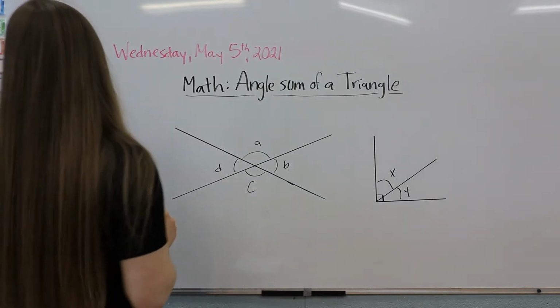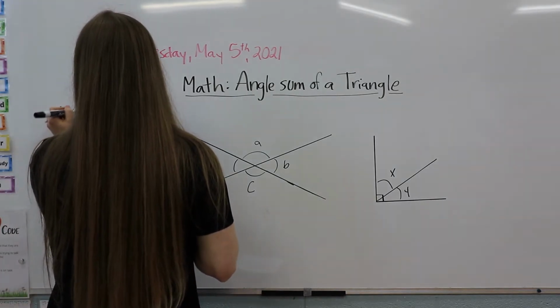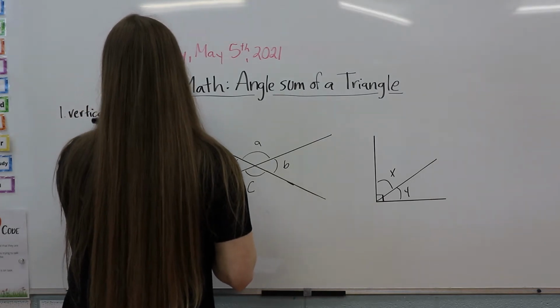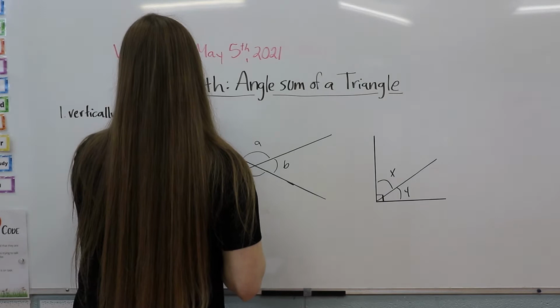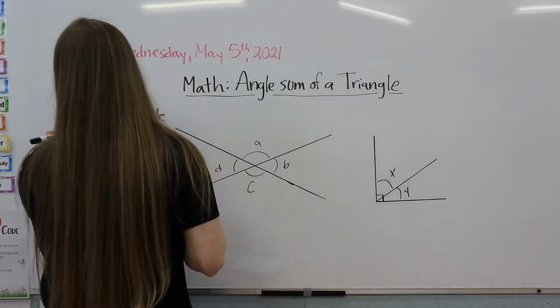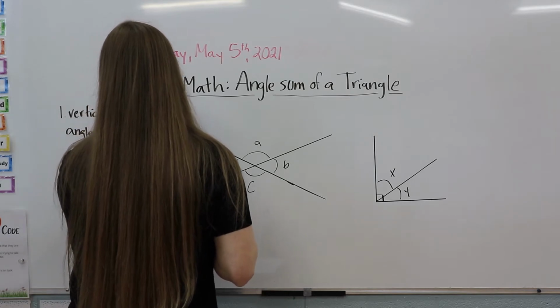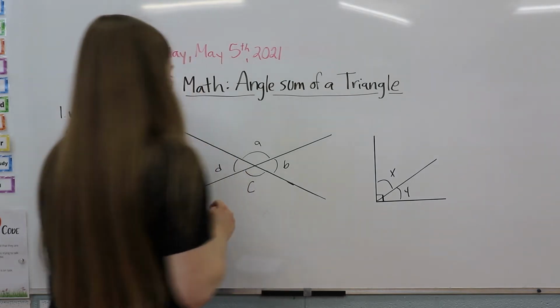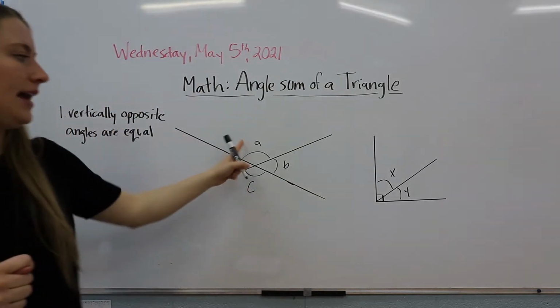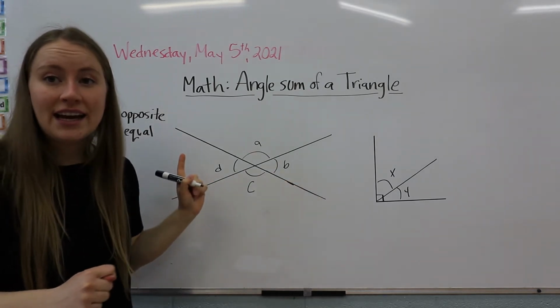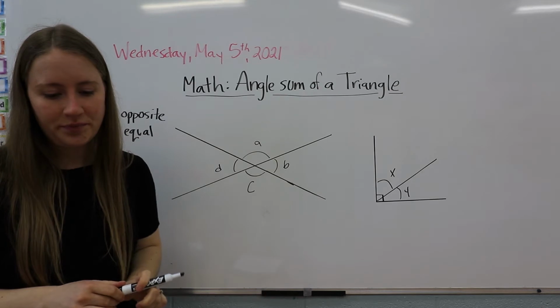So I'm going to write that on the board here. Vertically opposite angles are equal. Okay, so that means that A is equal to C and B is equal to D, okay?